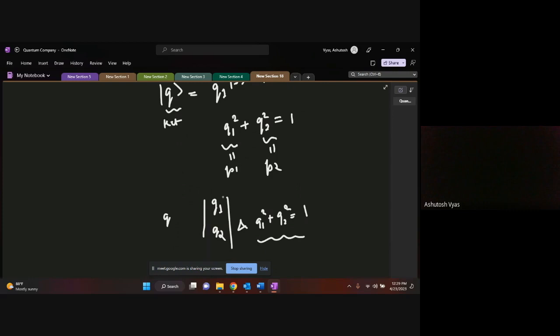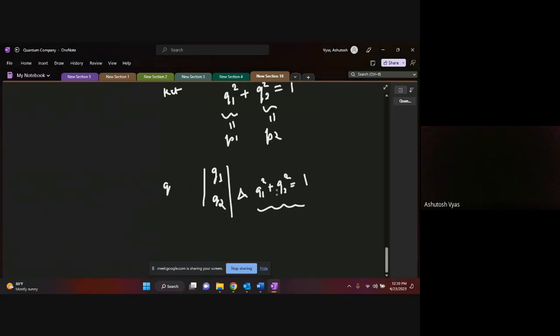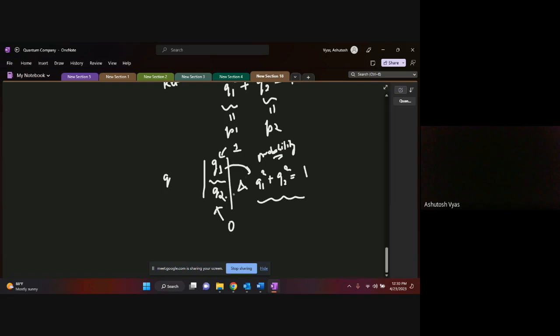It is in state 1 with a probability of Q1 square. It is in state 0 with a probability of Q2 square. This is representative of state 1, and this is representative of state 0. The moment you square this, it becomes your probability. And I will tell you why this under root or square thing is coming in another minute.